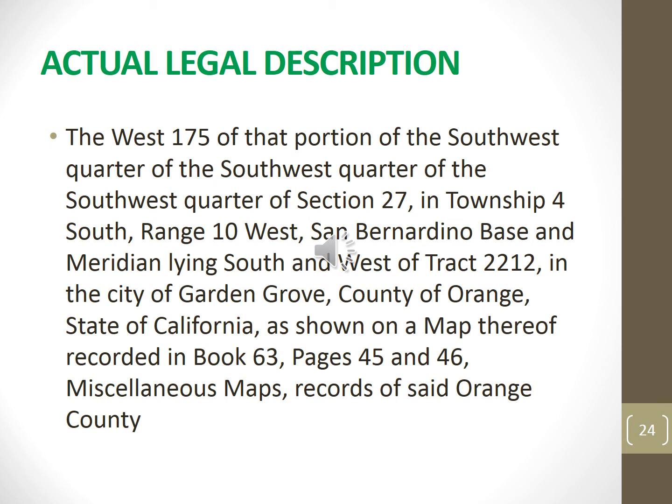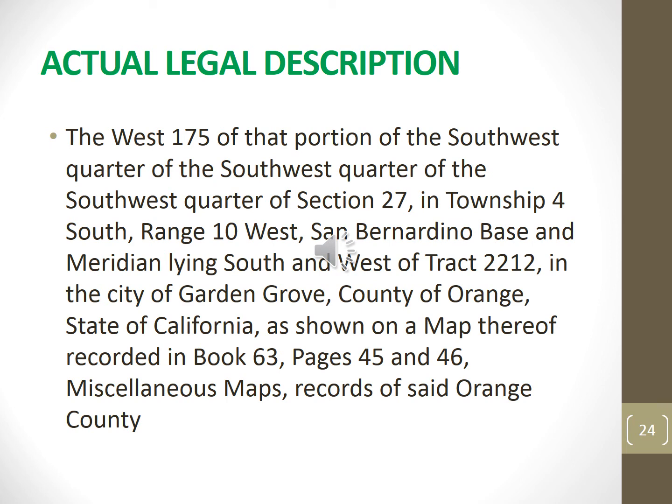And it reads as follows: the west 175 feet of that portion of the southwest quarter of the southwest quarter of the southwest quarter of section 27, township 4 south, range 10 west, San Bernardino Base meridian, lying south and west of tract 2212 in the city of Garden Grove, county of Orange, state of California, as shown on a map thereof recorded in book 63, pages 45 and 46 of miscellaneous maps, records of said Orange County. Wow.